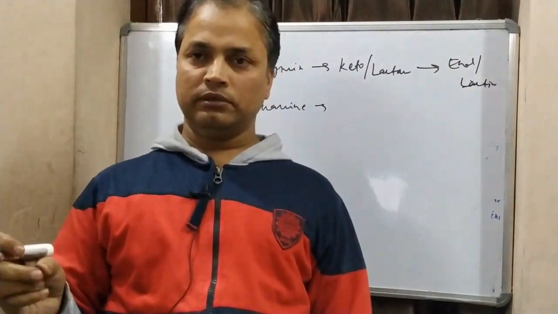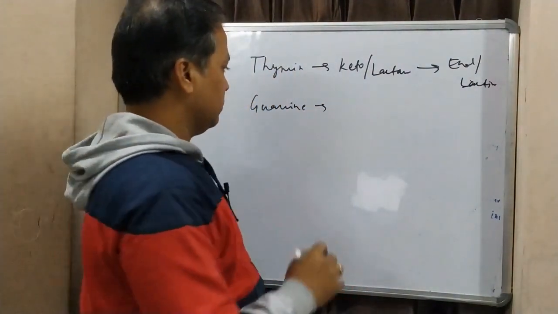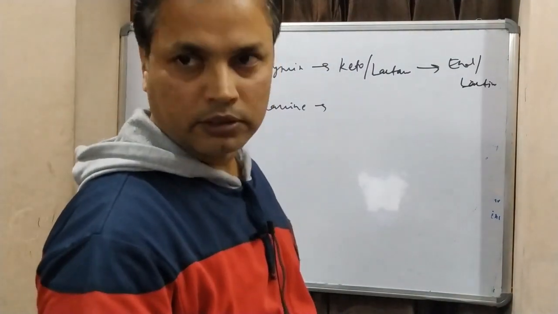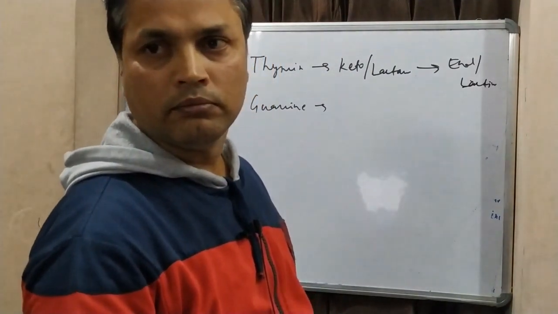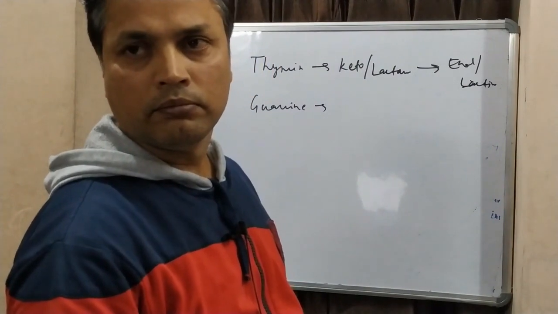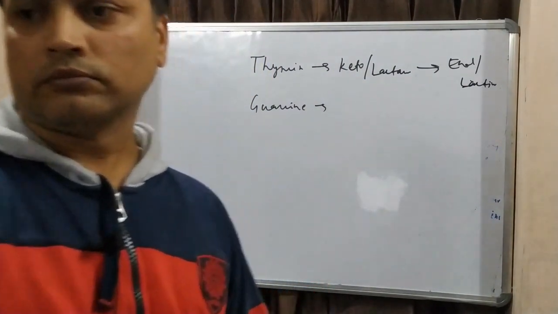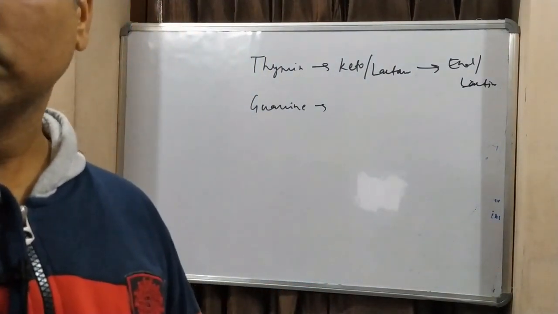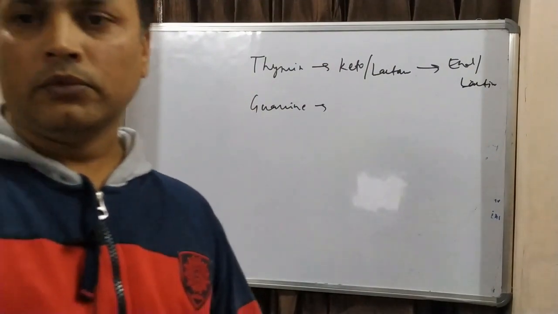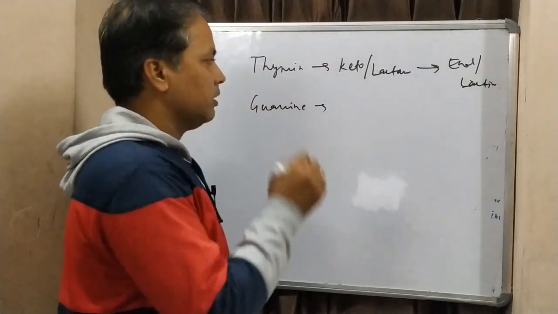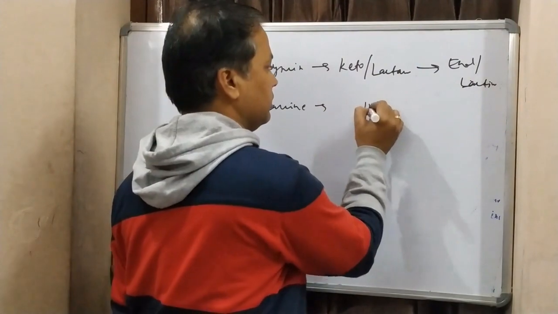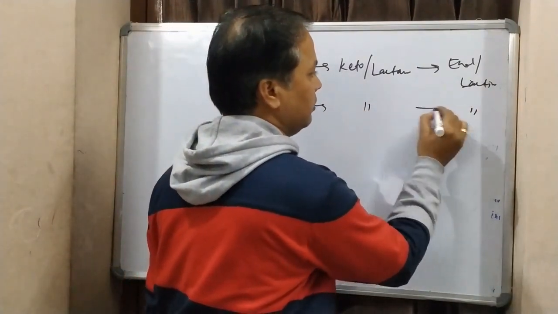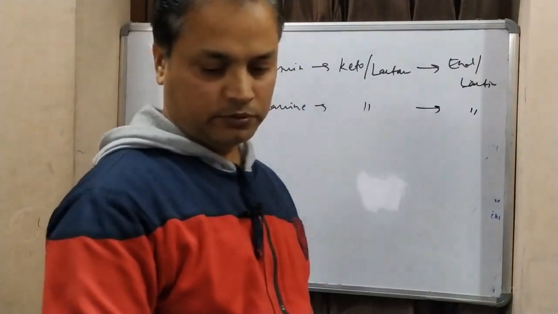Guanine is present in amino and imino structure. Guanine is present in, again, keto lactam and enol lactim forms.